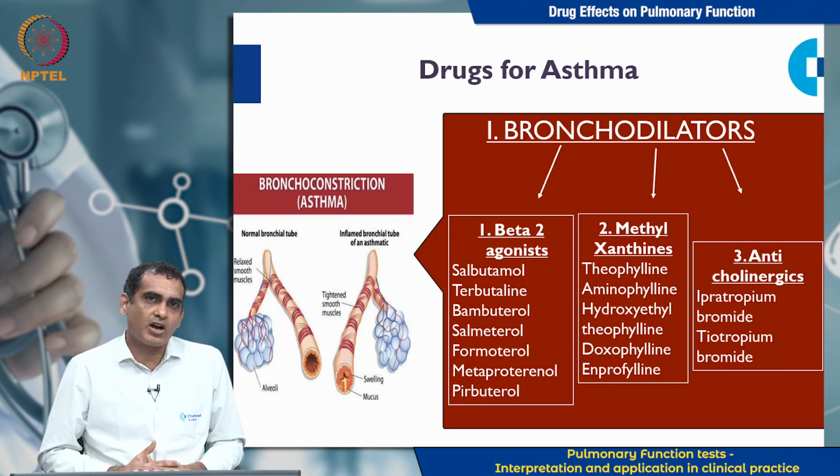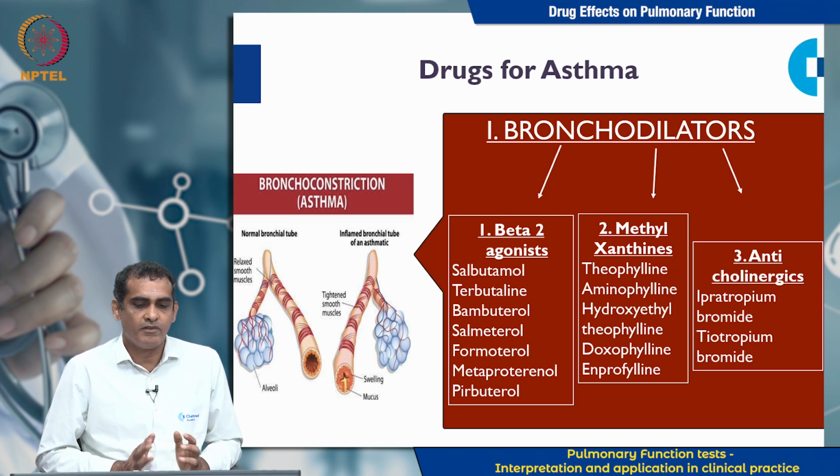When we treat bronchial asthma, we will be using two categories of medications. One category is called bronchodilators. These will dilate and relax the bronchial smooth muscles so that these patients can breathe comfortably. They give very important symptomatic relief to those suffering with bronchial asthma. We have beta receptor agonists, methylxanthines, and anticholinergics.